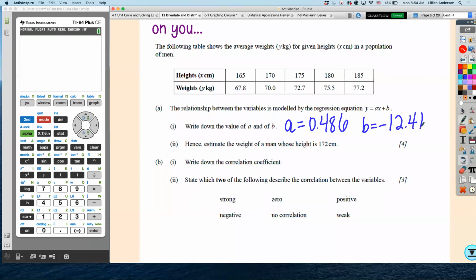Very good. And so that gives me my equation of y equals 0.486x minus 12.41. Then somebody give me what is the estimated weight of a man whose height is 172 centimeters. 71.